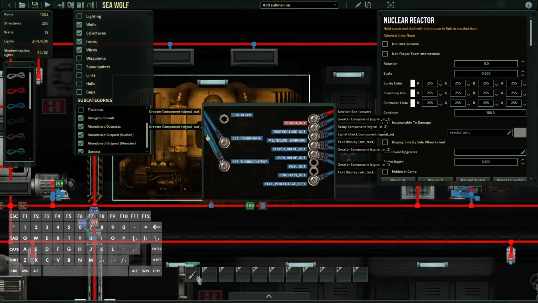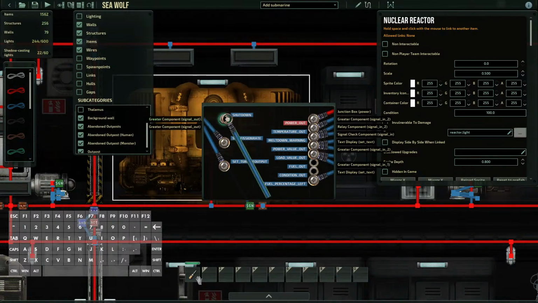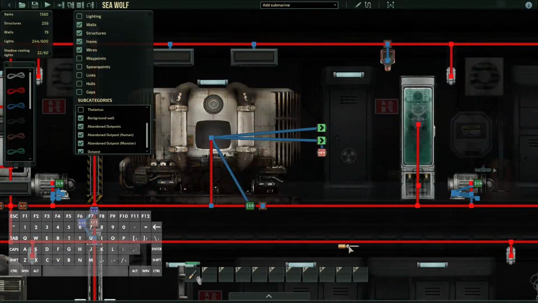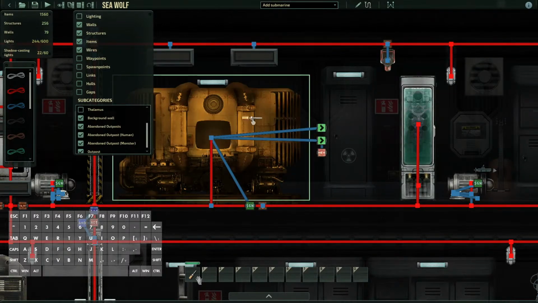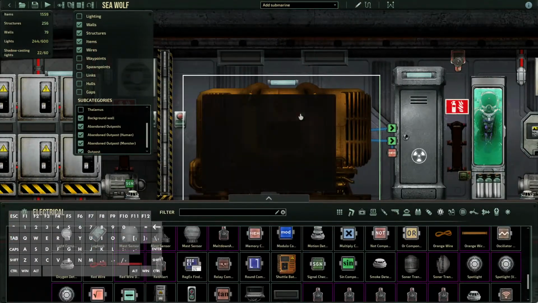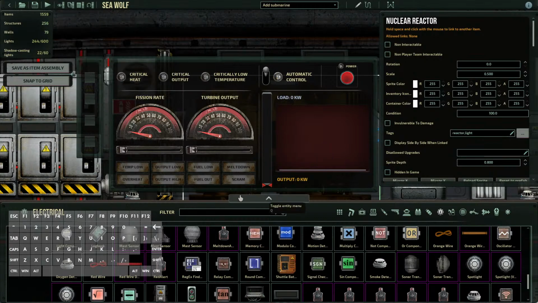Turbine output. I don't know where that's going. Okay. Where's the other one? All right. This should turn our reactor on as soon as we start up the sub, except I think he left this without gas. Yes, he did.